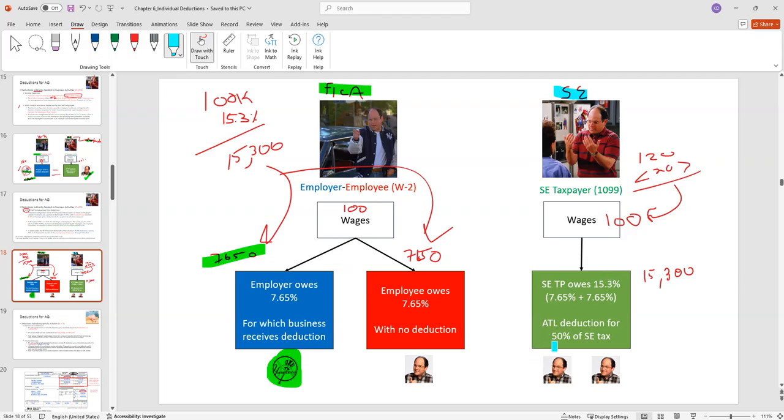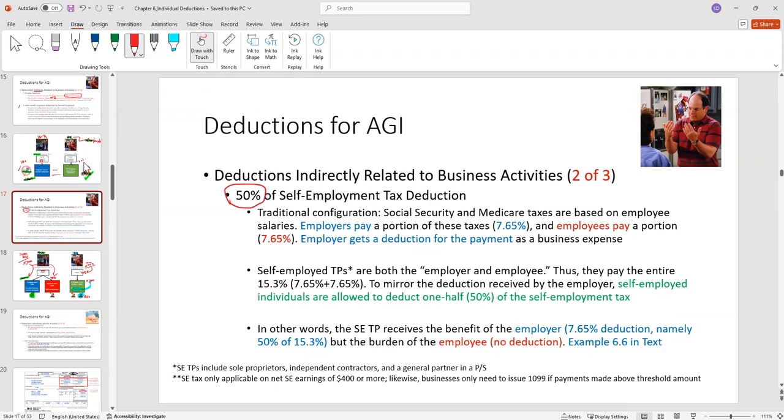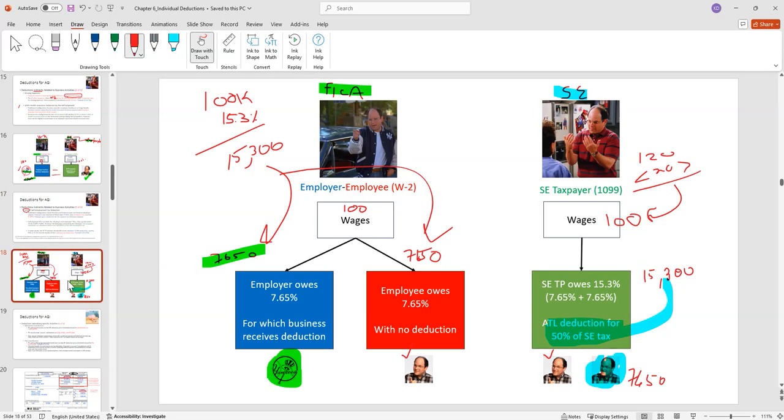He's basically going to say, well, I'm the employer as well, so I should get half of this, 50%. So $7,650, for example, if it was $15,300, he would get a deduction for $7,650. The employee half, the remaining half over here, you don't get any deduction for. So that's what this slide is saying. We first talked about health insurance, it's 100%. Now for self-employment tax, it's 50%. We're trying to create parity again between those two things.